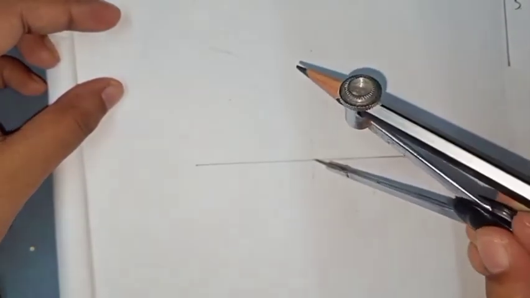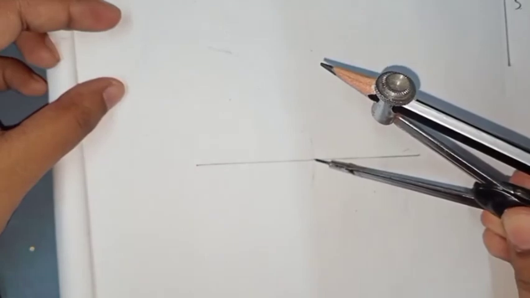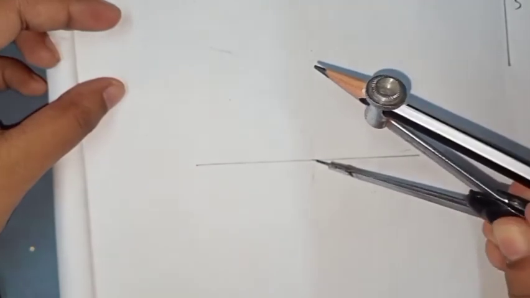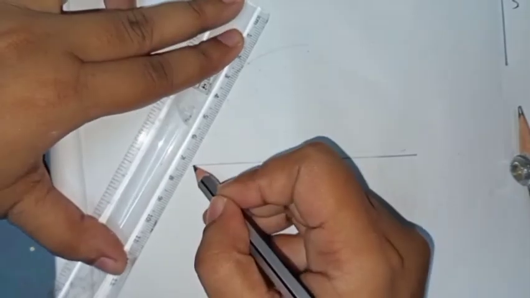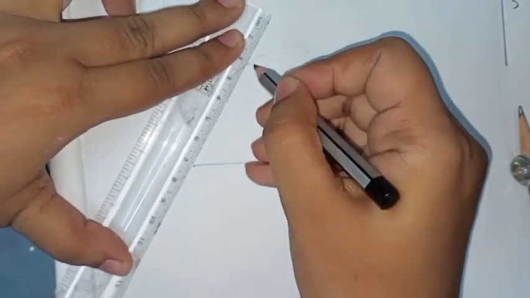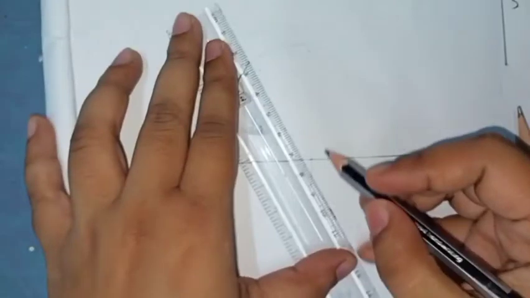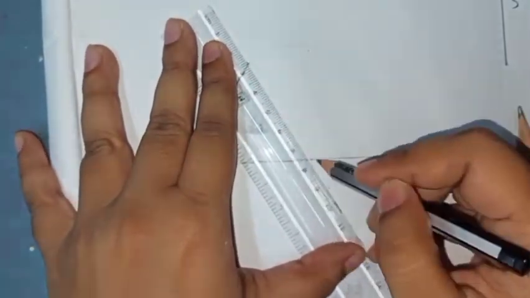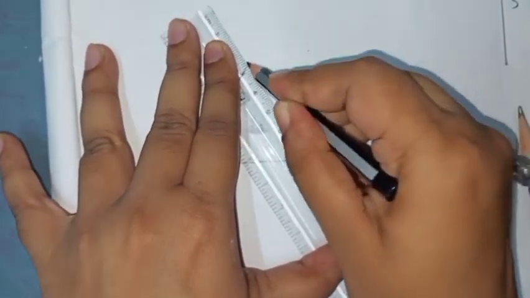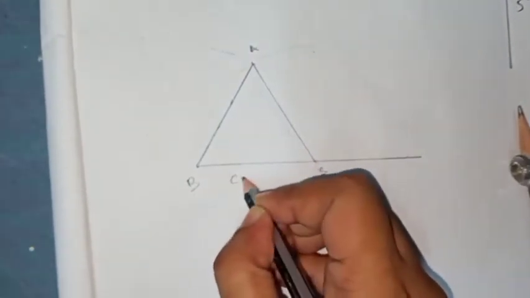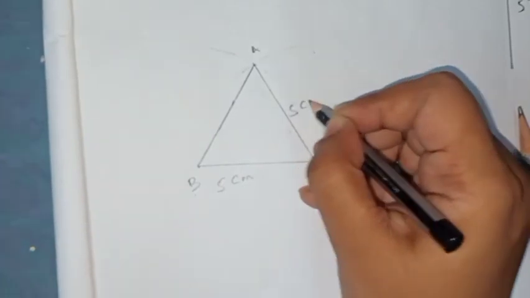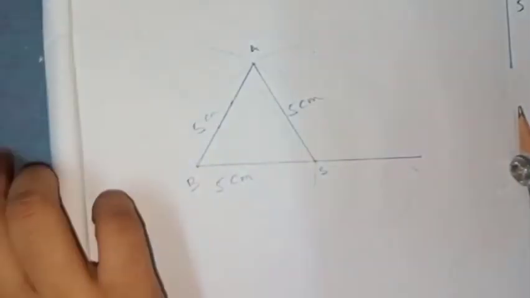Then again keep it in this point, cut this one. Okay, then you will join. You will write A, B, C, and each is 5 centimeter.